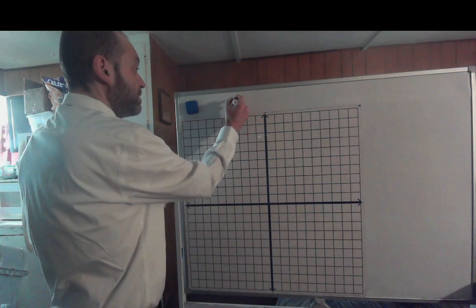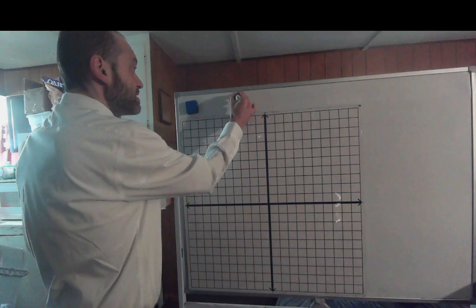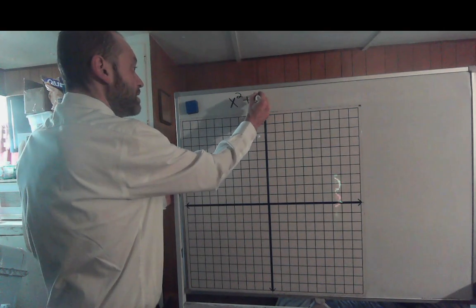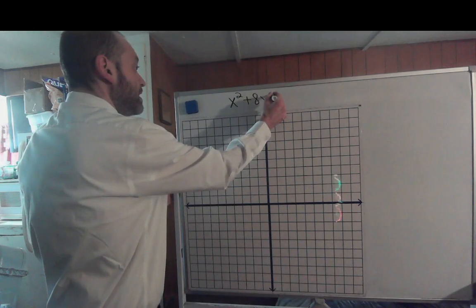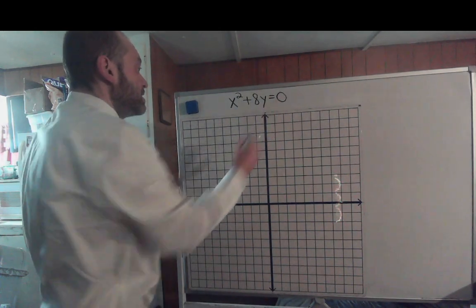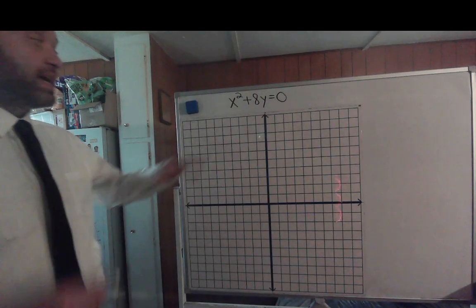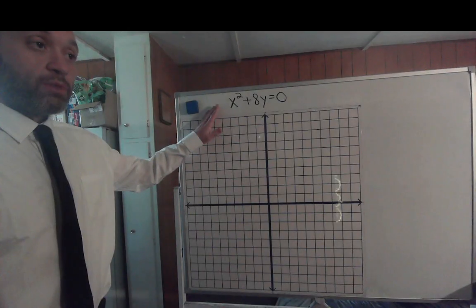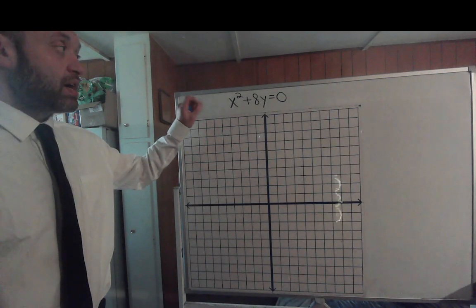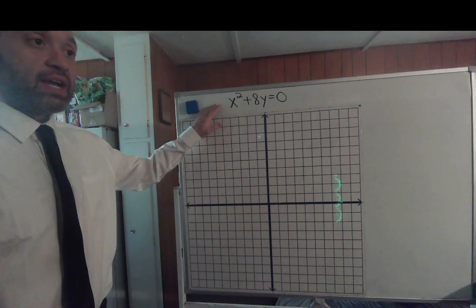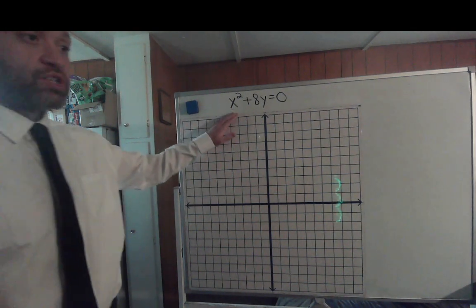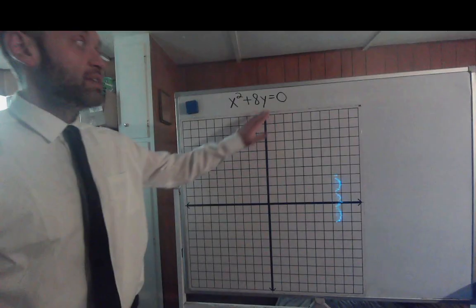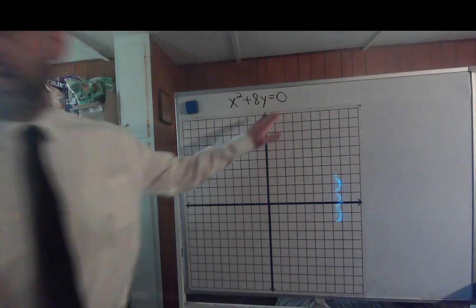So, for example, they might give you an equation like this: x squared plus 8y equals 0. The standard form of a conic section for a parabola has the quadratic term by itself on one side and the linear term by itself on the other.